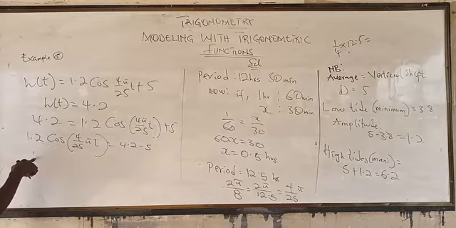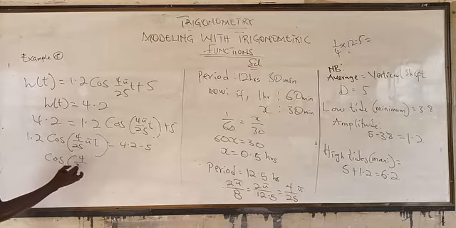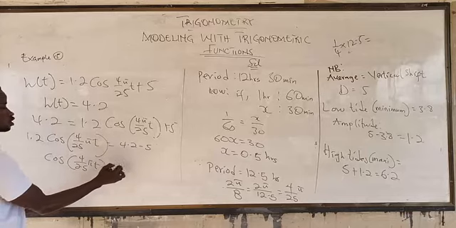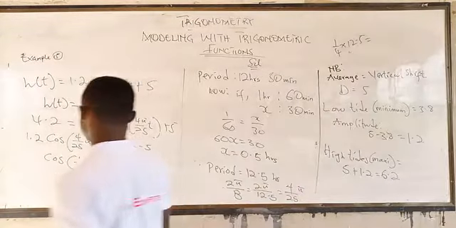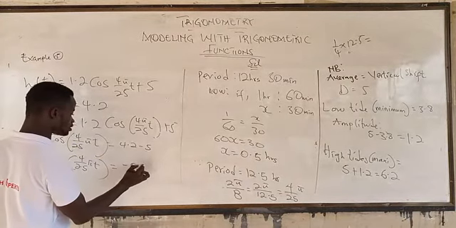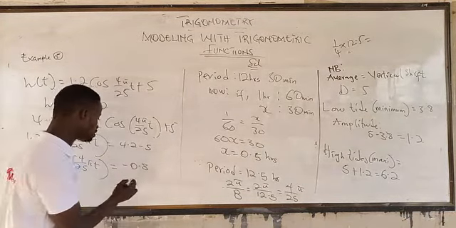Alright, so whatever you get, you divide by 1.2. When you subtract, you get negative 0.8.